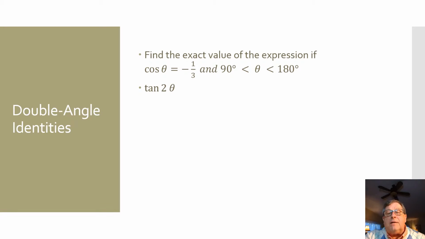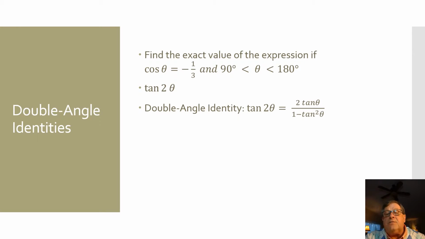And we have a double angle identity for that: the tangent of 2 theta is equal to 2 times the tangent of theta divided by 1 minus the tangent squared of theta.